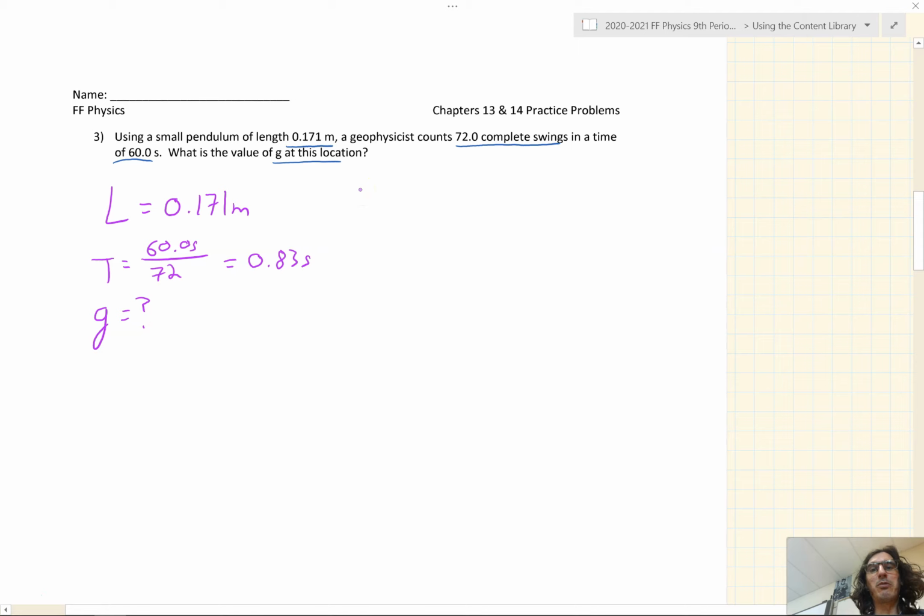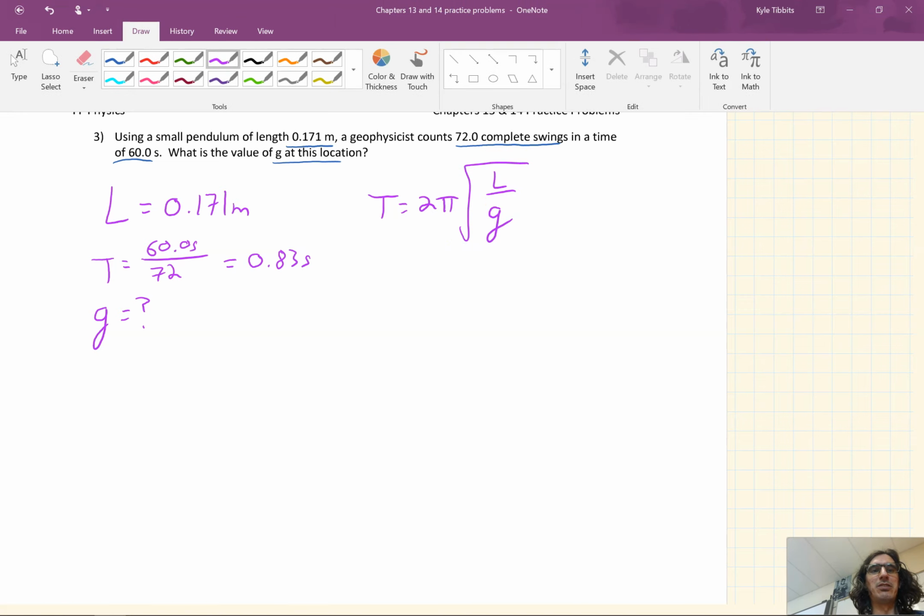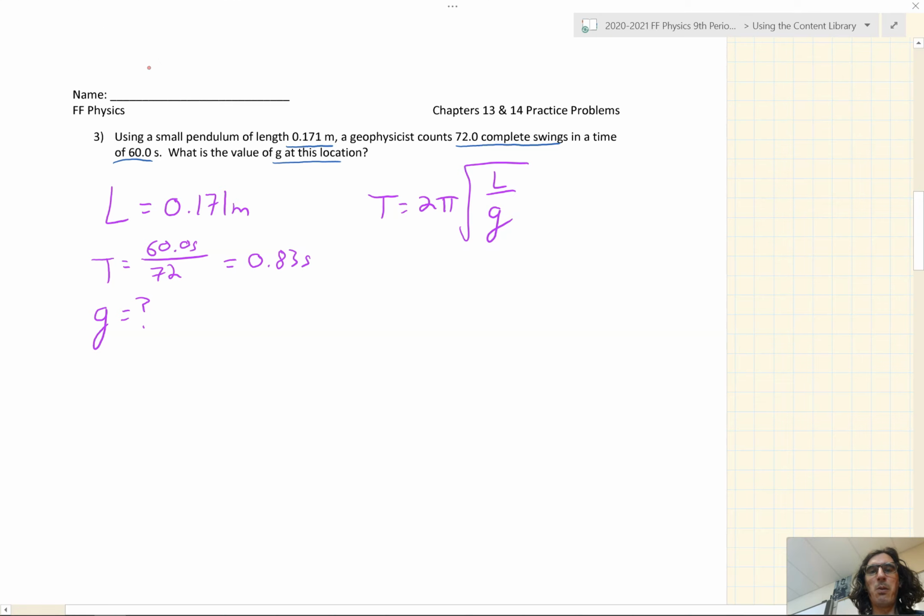Let's look at the formula we have for a pendulum and acceleration due to gravity, as well as the relationship between length and period. And that is the period equals 2 pi times the square root of the length over g. And what we want to do is find g, the acceleration due to gravity.